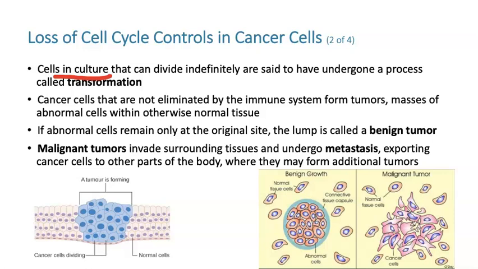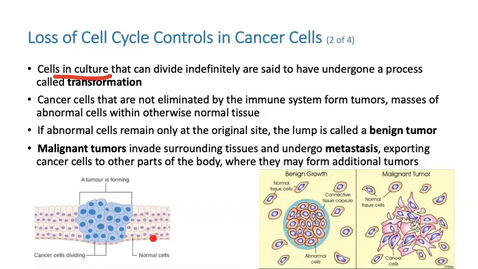But there is something really cool that happens in your body, and that is that your body's immune system actually sees and eliminates a lot of tumors that start to form. So tumors are just these masses of abnormal cells dividing and dividing and dividing.